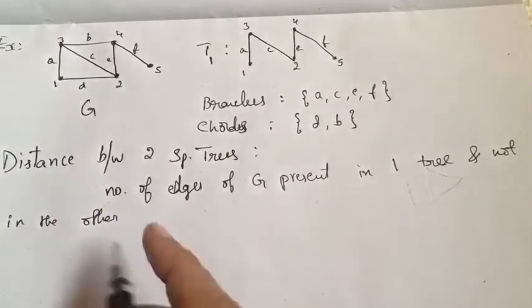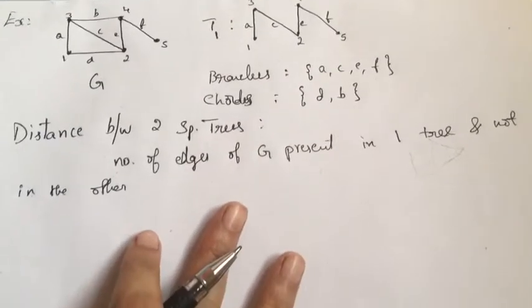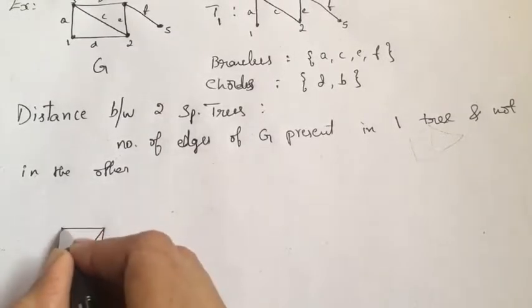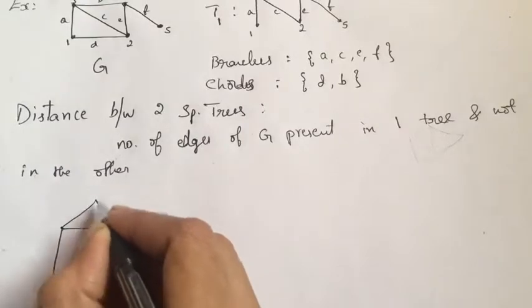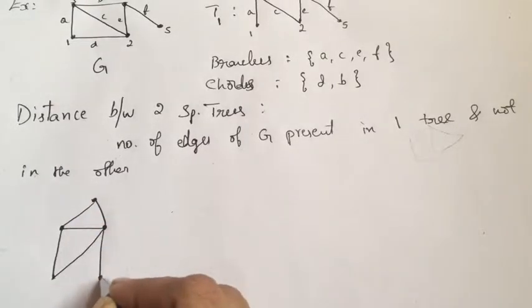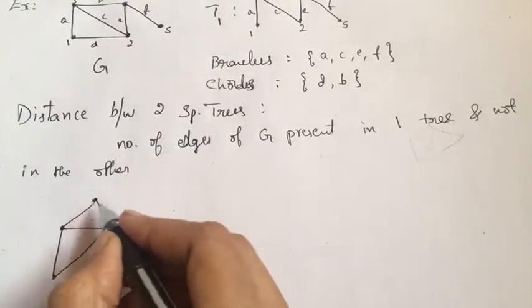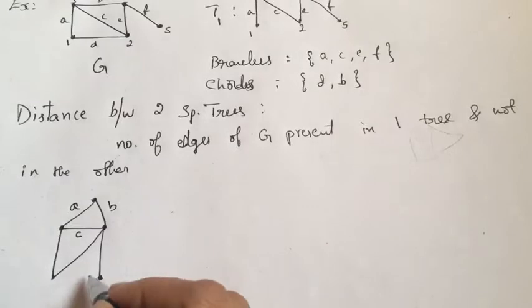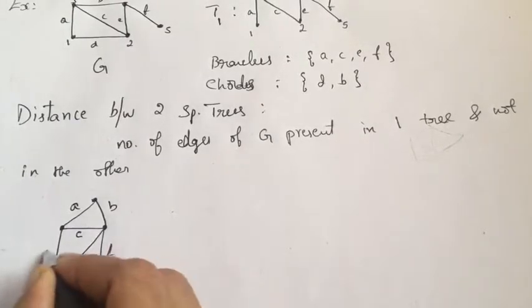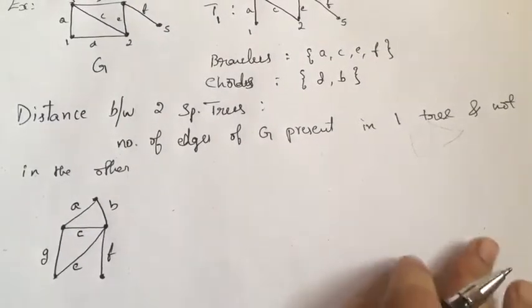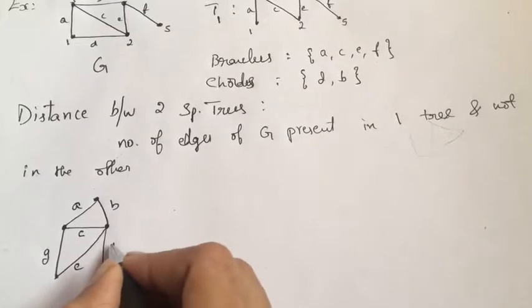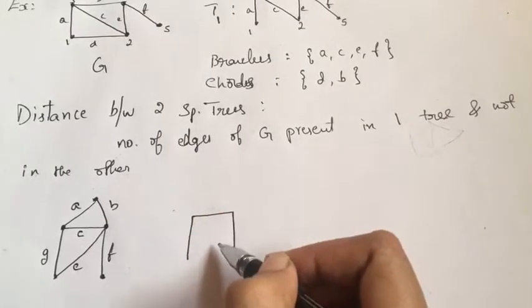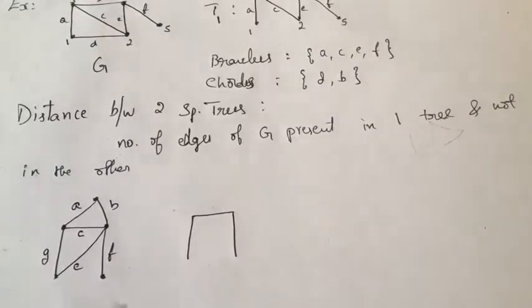Suppose I have a graph, say this is my graph G. Name the edges A, B, C, D, E, F, G. Then I'll take a spanning tree with respect to this graph.